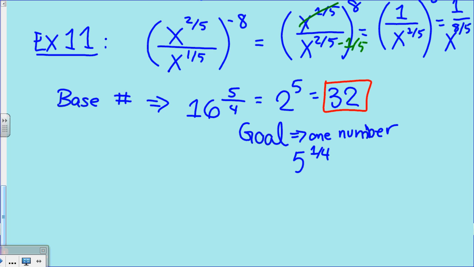If you have variables, if your base is a variable or variables, your goal is to take it down to one exponent for every variable.